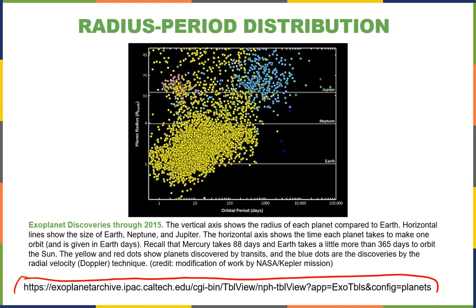Or if you have an iPhone, you can just download the Exoplanet app. And the Exoplanet app has the entire database and allows you to make your own graphs on your iPhone to analyze exoplanets.